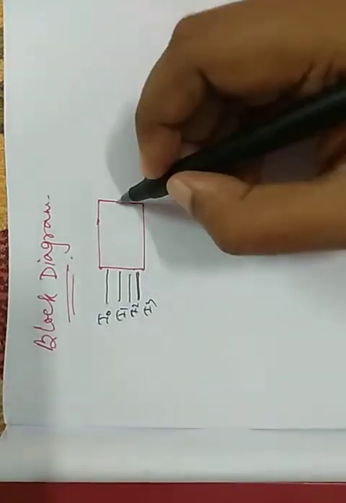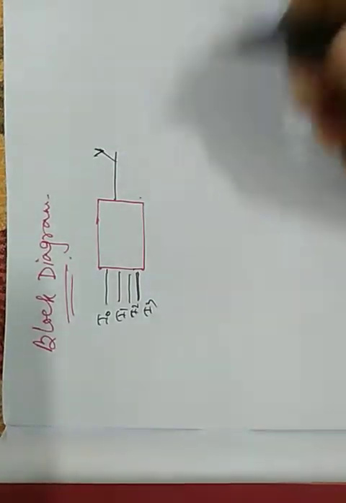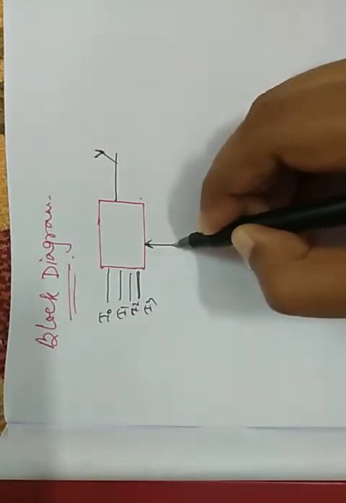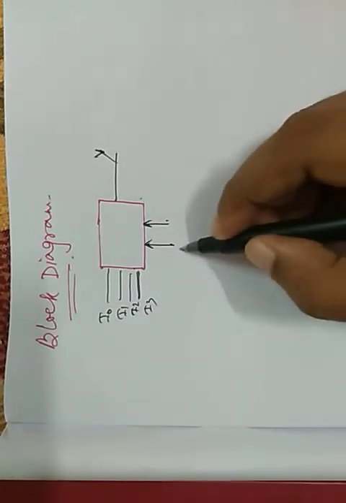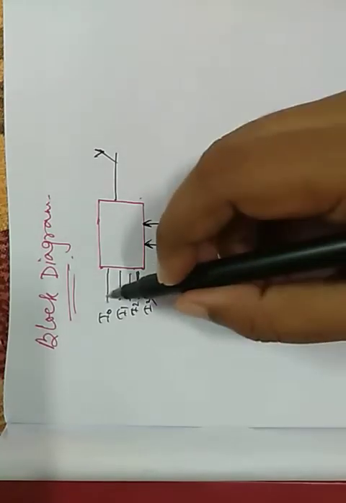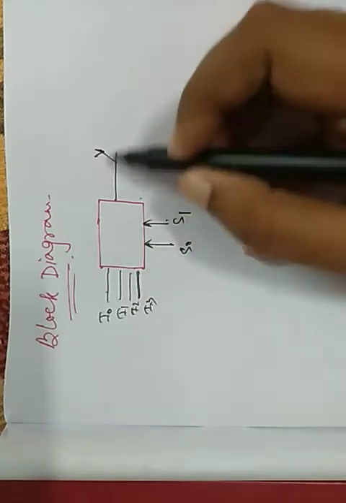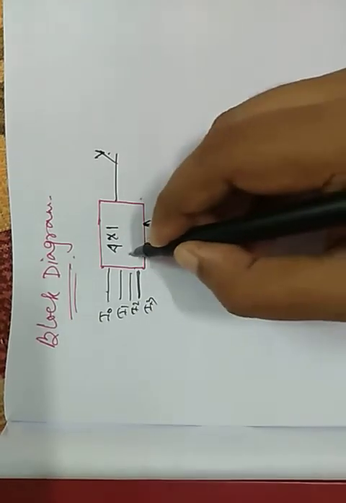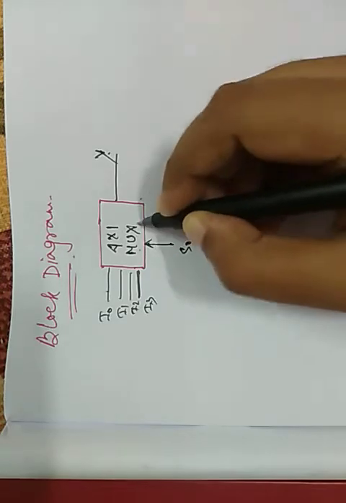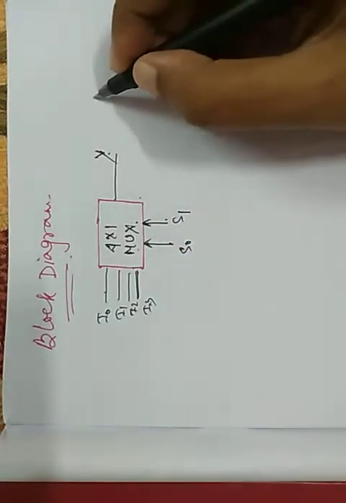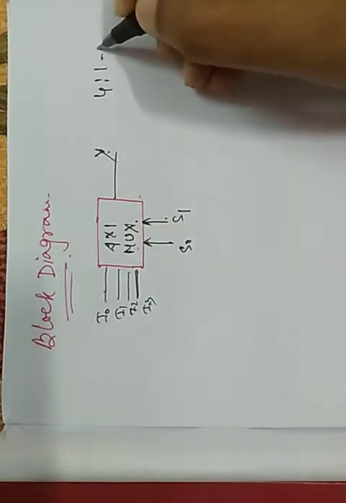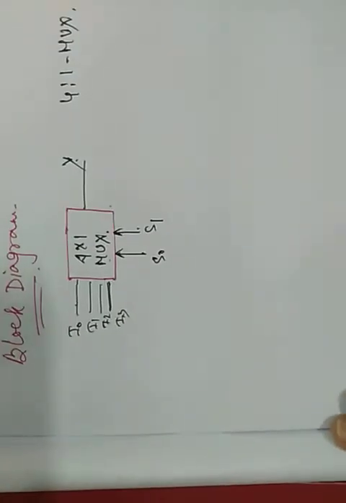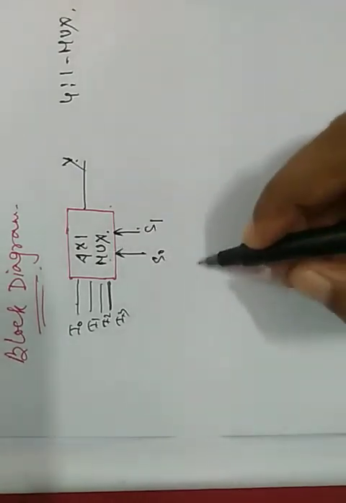A single output is there. For 4 input lines, we get 2 selection lines, S0 and S1. As there are 4 inputs and 1 output, we write 4 into 1 MUX. Multiplexer can also be written as MUX. This can also be written like this, 4:1 MUX. Okay, this is our 4:1 multiplexer.